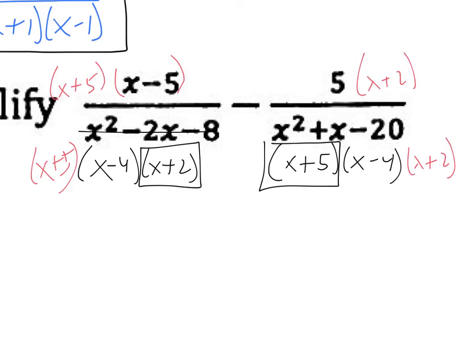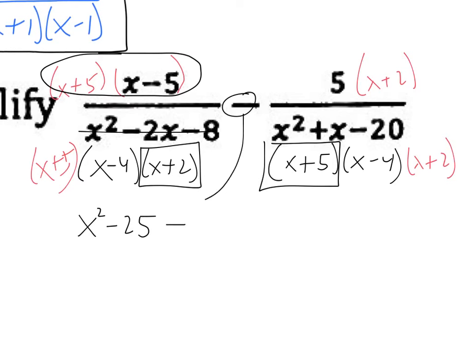But before I combine them, I have to do this multiplication up here. A lot of people forget this step. I need to multiply x plus 5 and x minus 5 together. I could FOIL that, but it's going to turn out to be x squared minus 25. The middle terms will cancel. Minus, I bring this minus sign down here. And then over here, I'm going to put in parentheses. When you're subtracting the second numerator, you have to put the entire thing in parentheses.